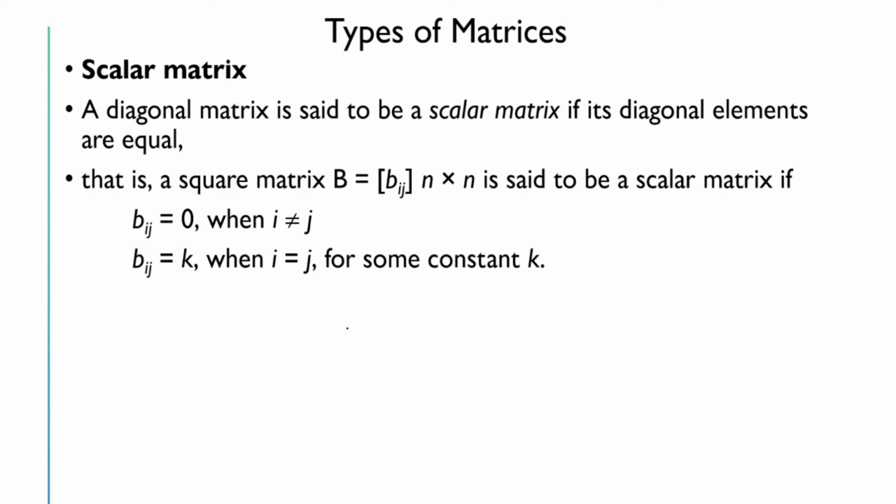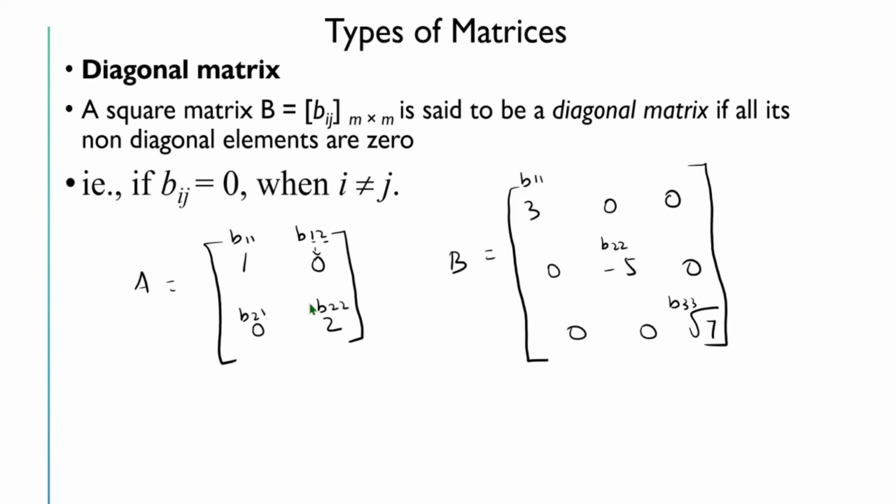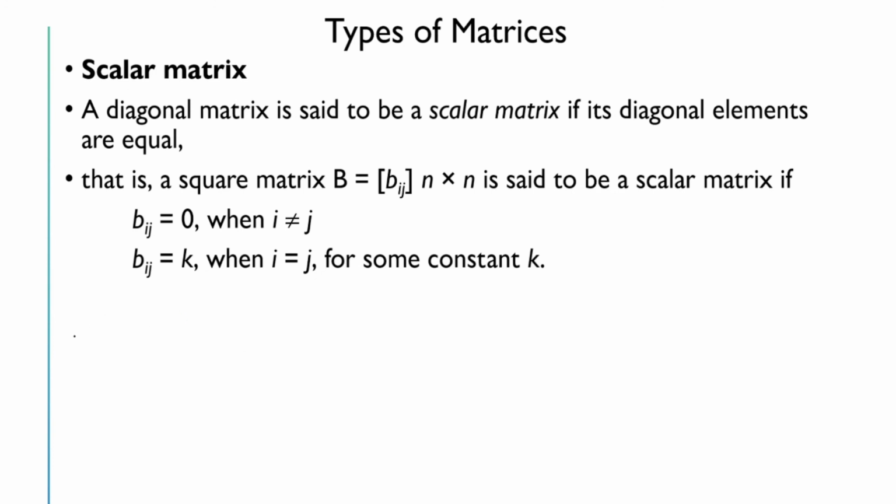We just now saw the diagonal matrix. In the diagonal matrix, these elements were not equal. All the non-diagonal elements are 0 in a diagonal matrix. Whereas, in a scalar matrix, all the diagonal elements are equal and the other elements are 0. Say for example, A is equal to 2, 0, 0, 2.